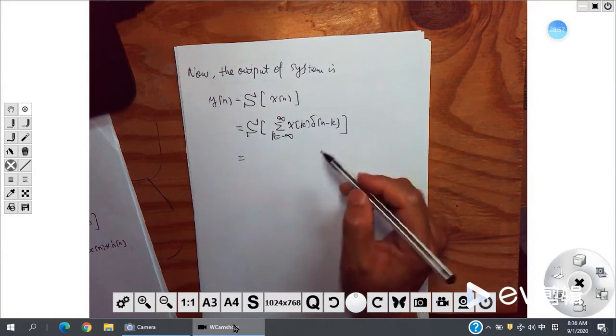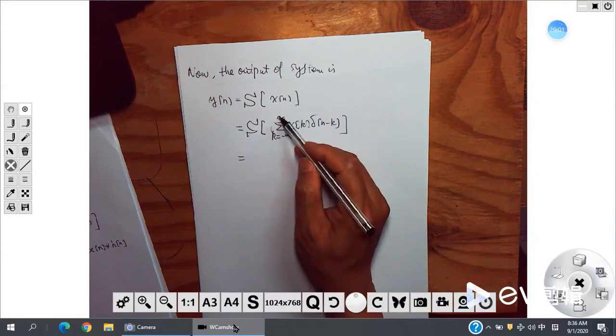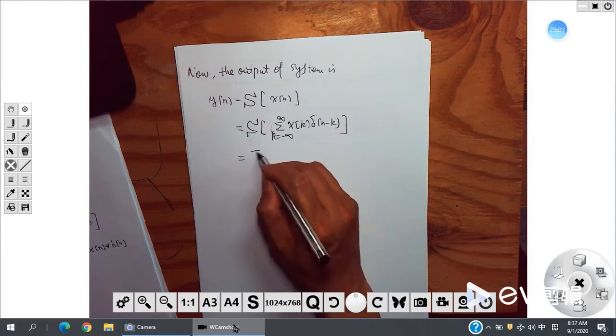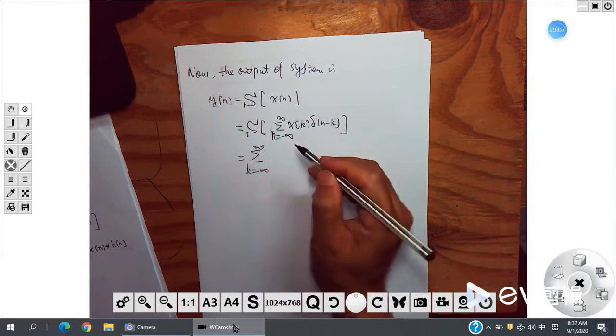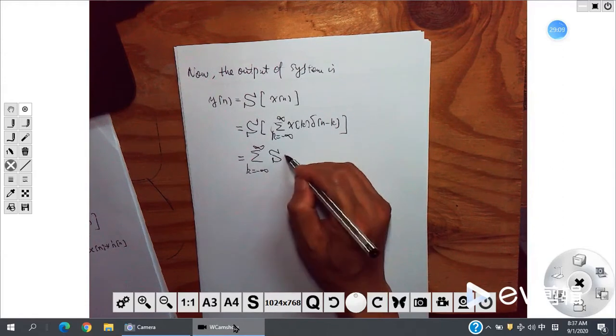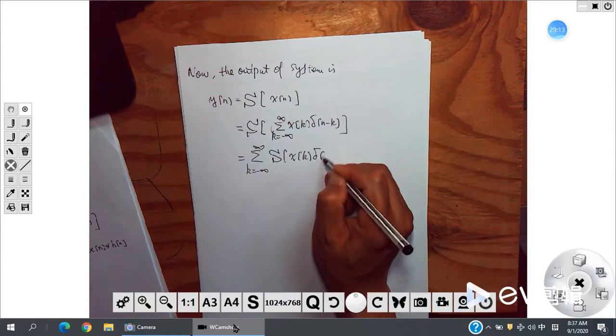We know S is a linear system. For a linear system, this is a summation, so I can move the summation outside: the sum of S of x of k times delta of n minus k.